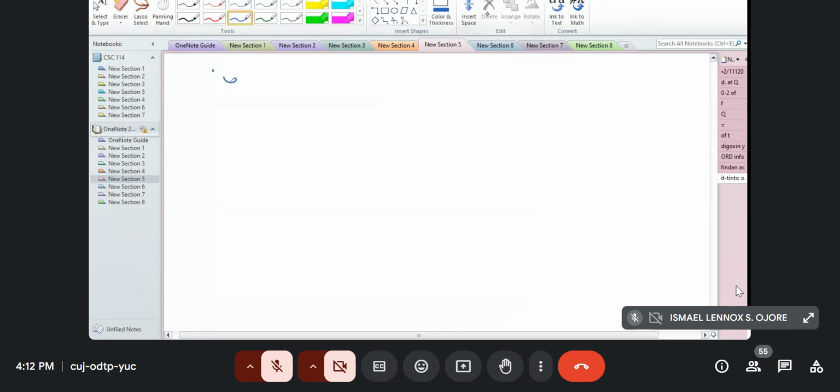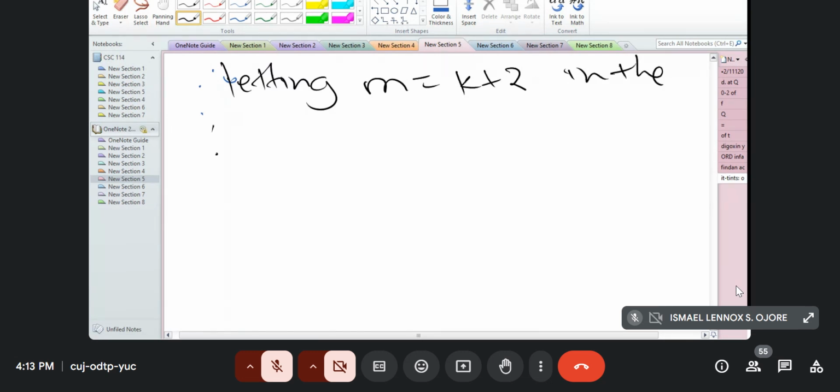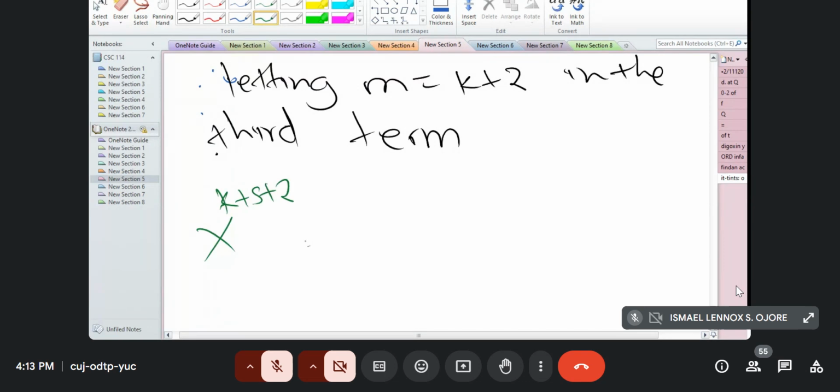So for the third term, letting m be equal to k plus 2. For the third term, we have an x to the k plus s plus 2, right? But we want these to be x to the k plus s.